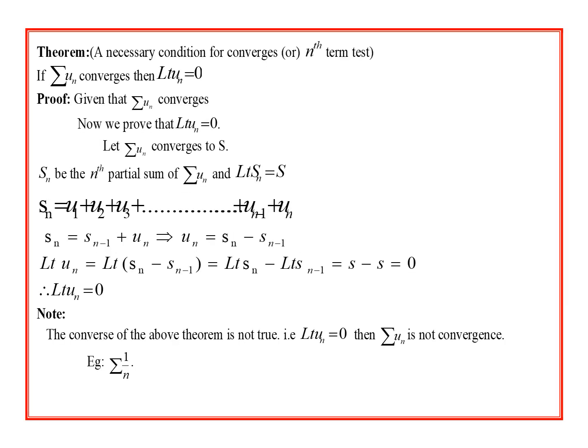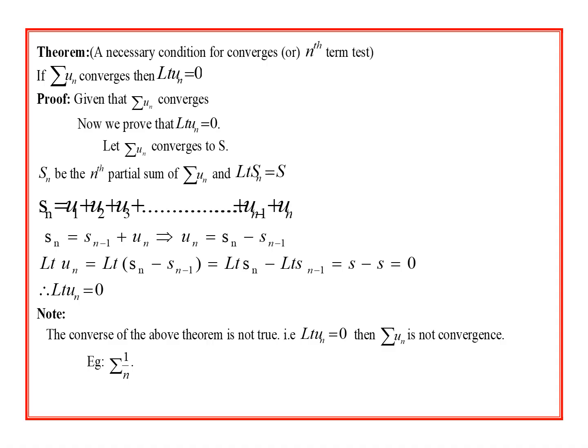Now coming to the first theorem. A necessary condition for convergence, or the nth term test. What is the statement? If sigma un converges, then limit un equal to 0. Going to the proof, given that sigma un converges, we have to prove that limit un equal to 0.